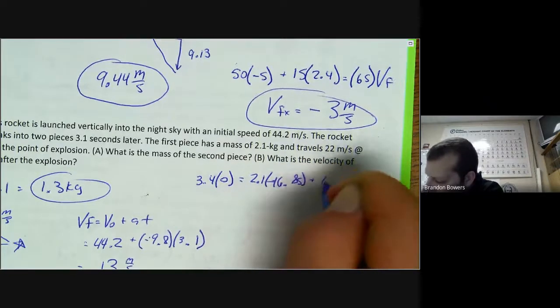The 1.3, we're going to have to solve. That's in the x direction. In the y direction, 3.4 is traveling at 13 meters per second. And then when they separate, 2.1 times 14.14, or 14.4, plus 1.3 times that velocity.